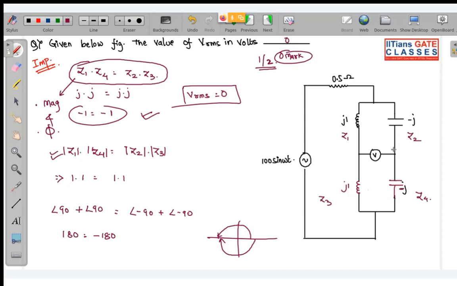So yes, still you can see magnitude condition will be satisfied, but phase condition at this particular time will not be satisfied.